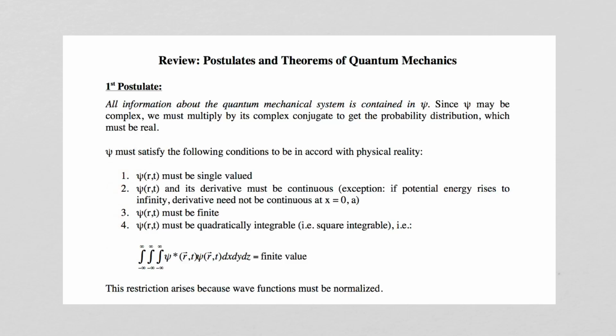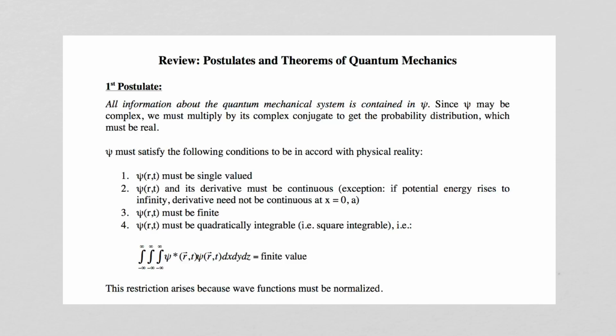You'll get some practice on that in the homework, but we need a single valued function. The wave function and its derivative must be continuous. It must be finite, and it must be quadratically integrable or square integrable.